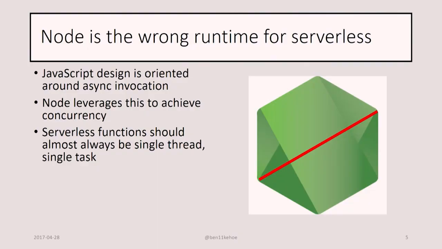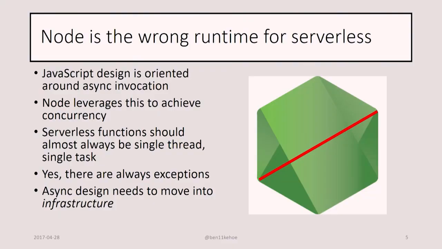But serverless functions should almost always be single thread, single task. You want to do one thing, you want to do it well, and that should be imperative in some ways. Now, everybody's got an exception. Everyone's got a big fan out that they want to do all in parallel, or they're fanning in or something. That's always true, and for that, using some asynchronous primitives in your language is going to be really handy.